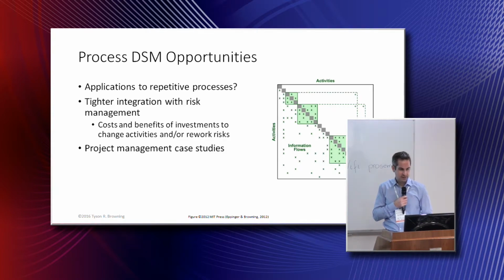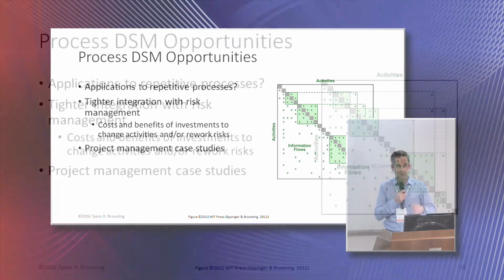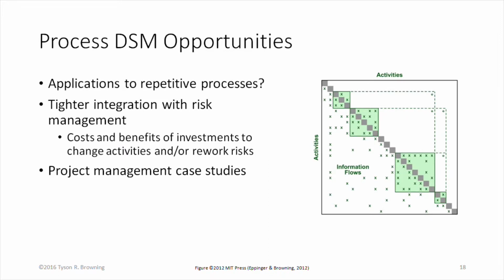Other process DSM opportunities. I was talking at the break about applying DSM to manufacturing processes. And I think most DSM process models have been applied to projects, especially product development, product design projects. What possibilities are there to apply them to repetitive manufacturing processes, where the goal is not to just do each activity once, but to repeatedly do a set of activities with a number of inputs?